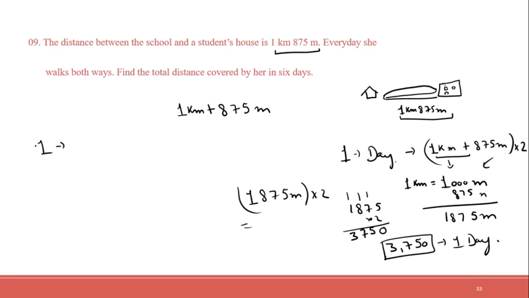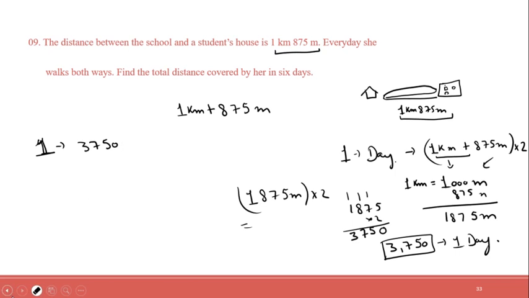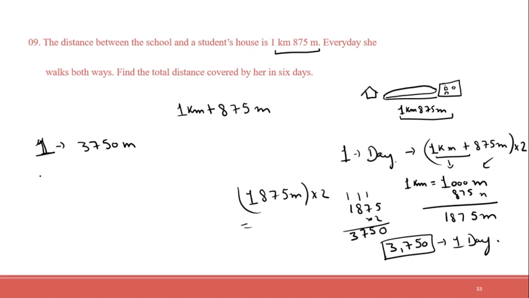In one day she walks 3750 meters, not kilometers. Meters. So in 6 days she has to walk 3750 into 6.